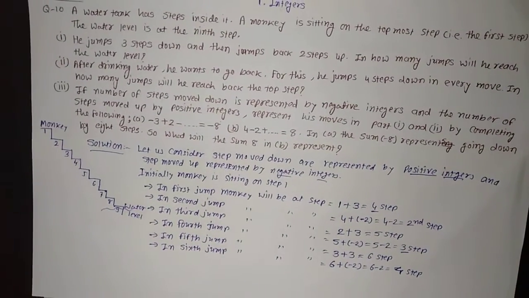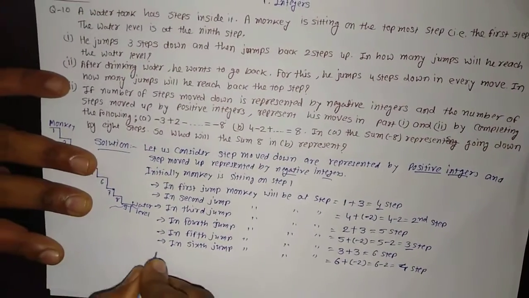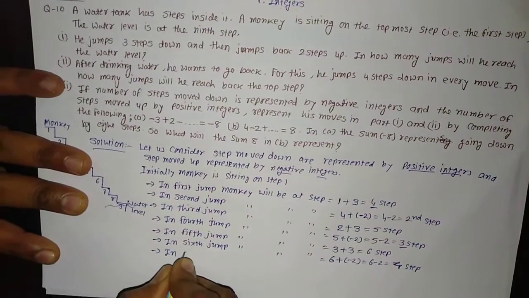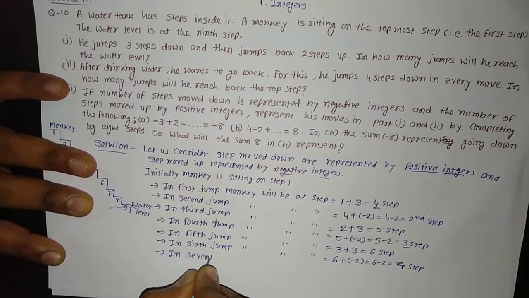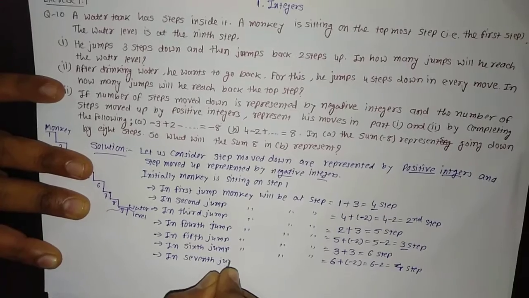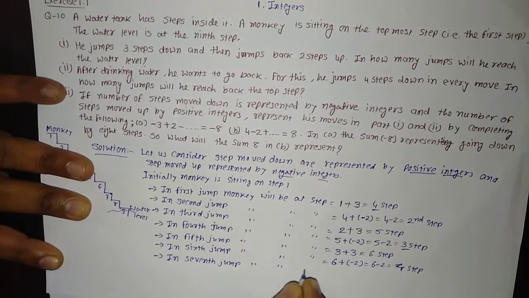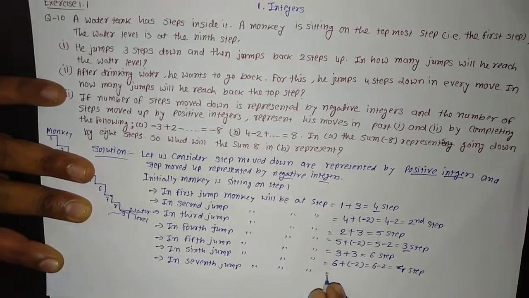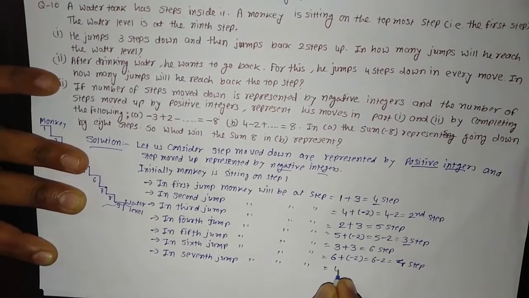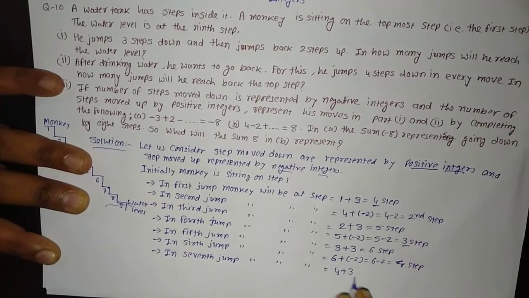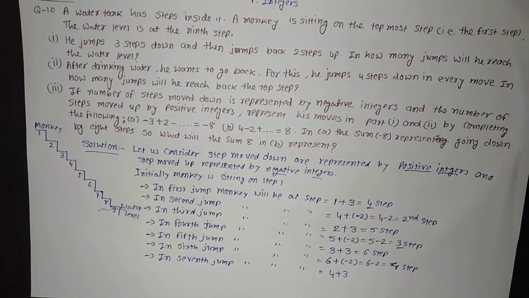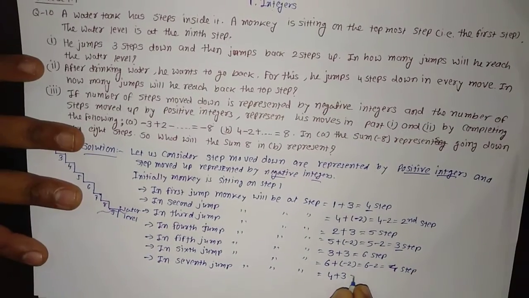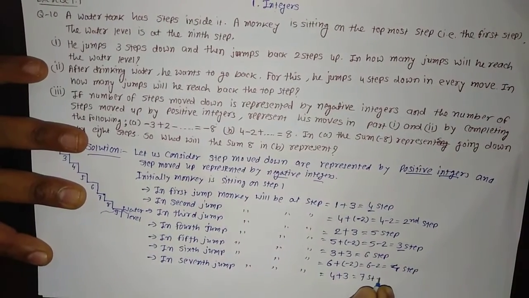Now again we'll go ahead in 7th jump. Where will be the monkey? In 7th jump he was on step number 4 plus again 3 will be jumped down. So 4 plus 3 is equal to 7 step.